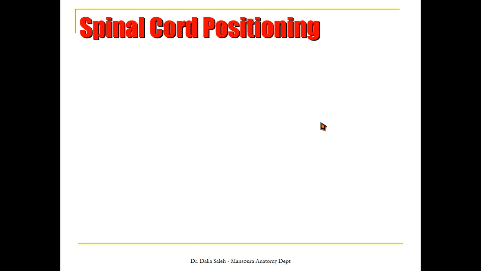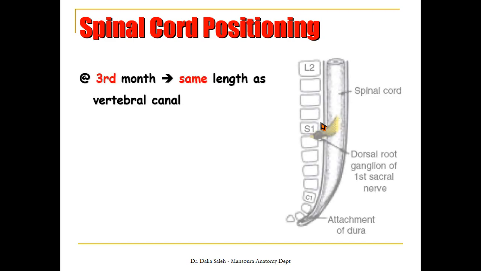For the spinal cord positioning, because of the differential growth of the spinal cord and the surrounding tissue, we have different positions of the spinal cord during many stages of development. At the 3rd month of pregnancy, the spinal cord and the surrounding vertebral canal are of the same length.